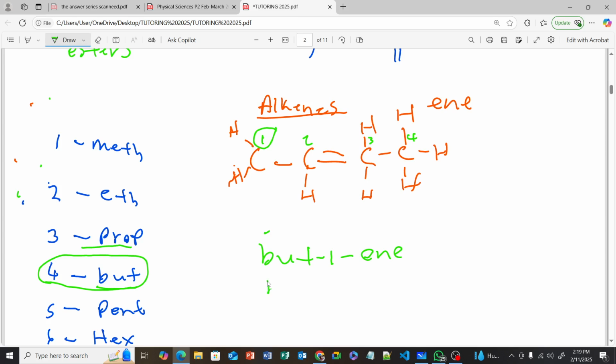So even here you need to tell us that the chain name is but, then we have a double bond, but where is the double bond? Position number 2, then ene, to show that it's a double bond. So position number 2 is the position of a functional group. What kind of functional group? We check the suffix, and it's going to tell us that it's a double bond.